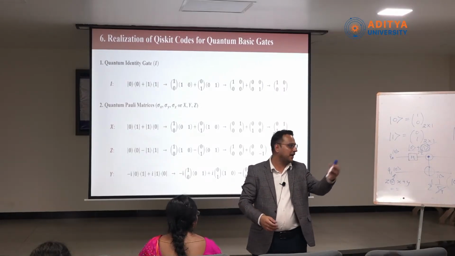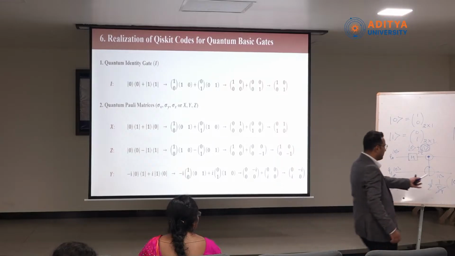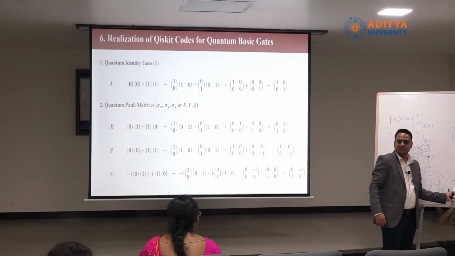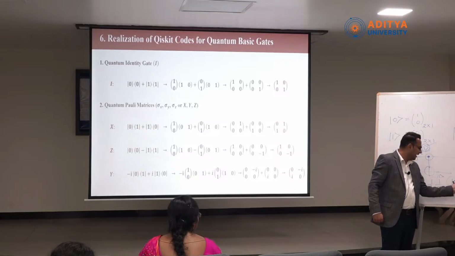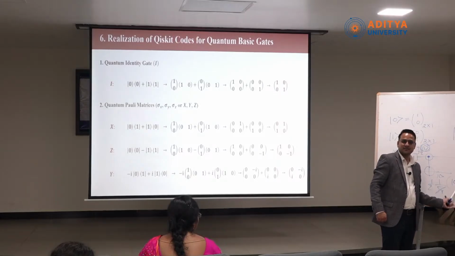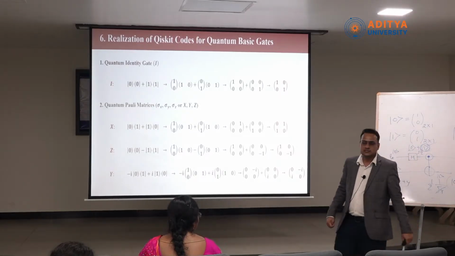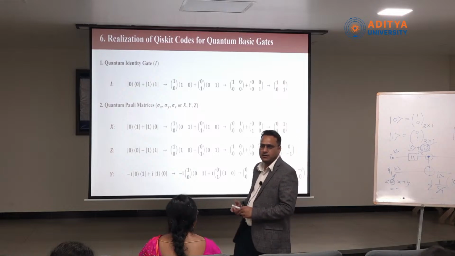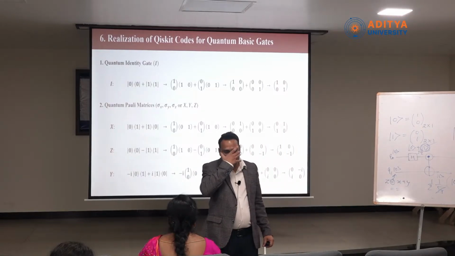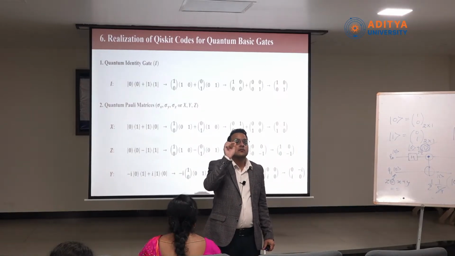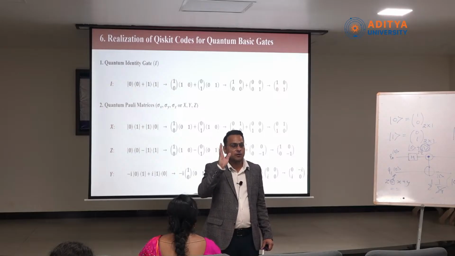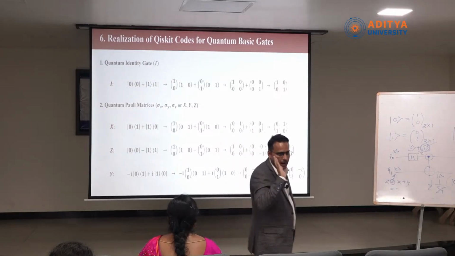Like I wrote down like this. This is the tensor of 0 and 0. So we can combinedly write it as 0, 0. Understood? Their corresponding vector would be like this. Understood? Now the other is the outer product. Outer product means ket followed by bra.